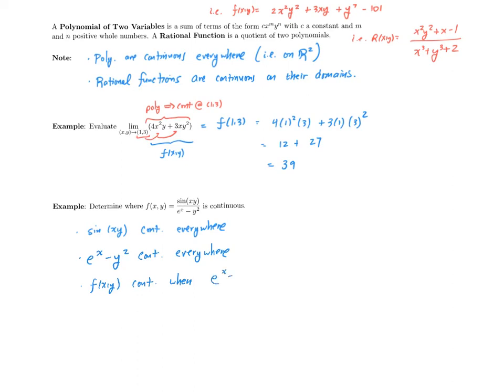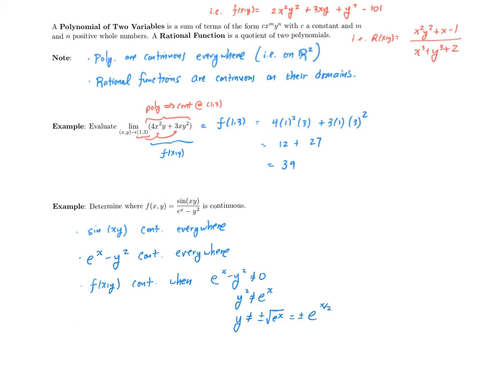So whenever e to the x minus y squared is not 0, which is equivalent to saying y squared is not e to the x, or y is not equal to plus or minus the square root of e to the x, which we could write as plus or minus e to the 1/2 x.